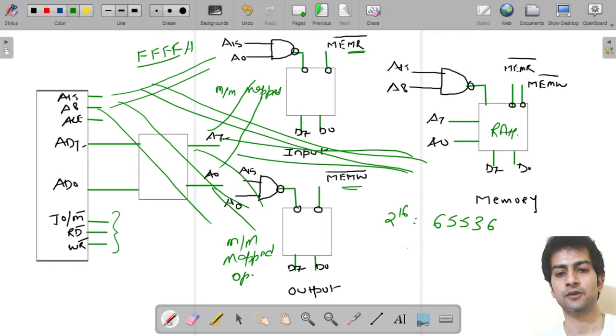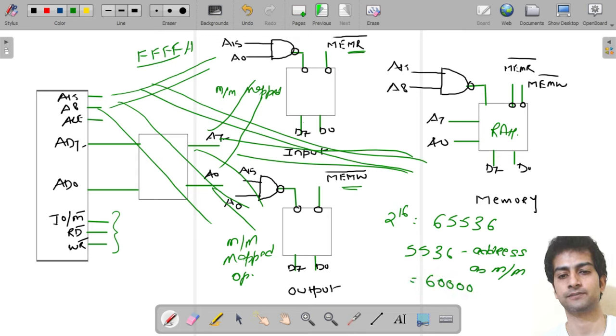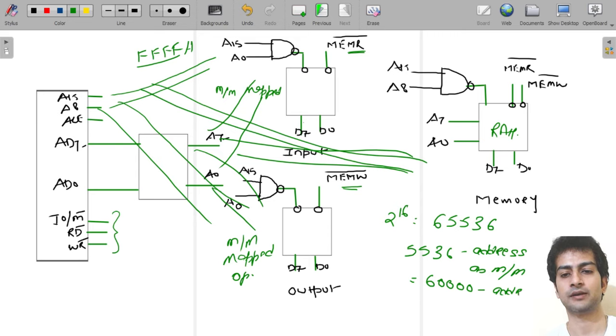And suppose we have used 5536 addresses as memory, then the addresses available for input output devices are only 60,000. 60,000 addresses are available for input output devices.